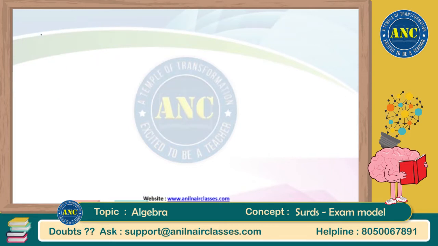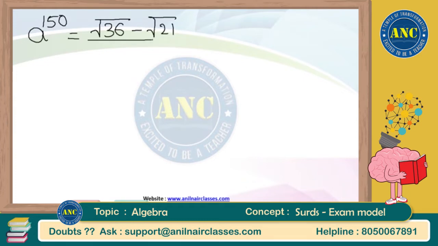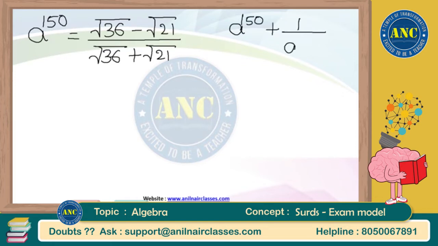Now if you observe carefully, the question says a power 150 is equal to 6 minus root 21 divided by 6 plus root 21. 6 can be written as root 36, so it is root 36 minus root 21 divided by root 36 plus root 21. The question asks for a power 150 plus 1 by a power 150; this value we need to find.